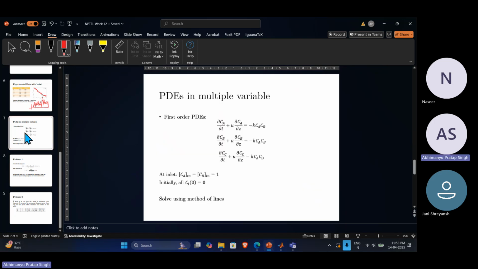Fine. So I will just take this last example, and then we will solve two problems. Yeah, so this is a PDE in multivariable.